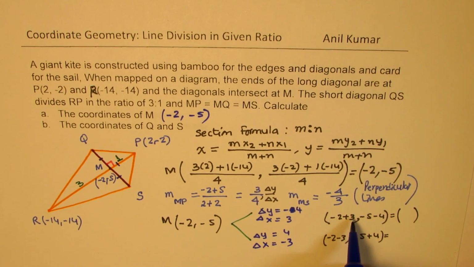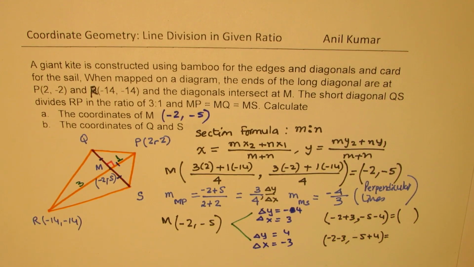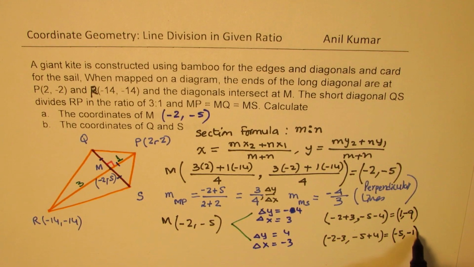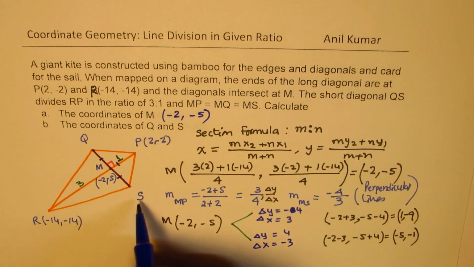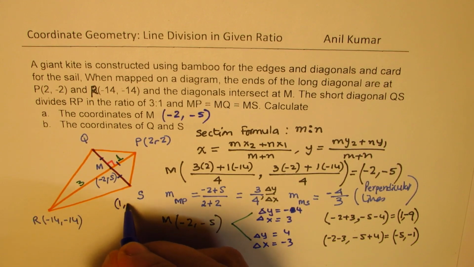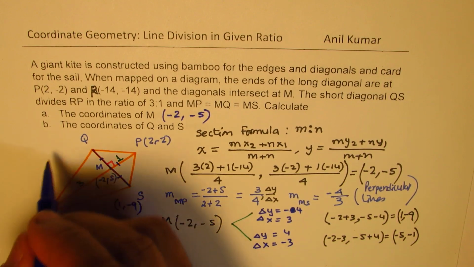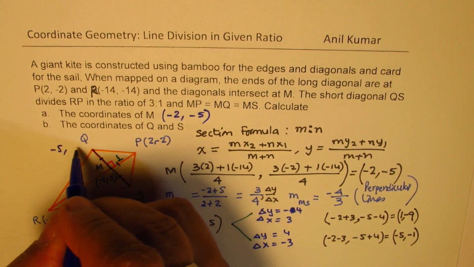So minus 2 plus 3 gives me 1, and that is minus 9. And here we get minus 5, and that is minus 1. Clear? So we get these 2 points. So 1, minus 9, so I can write S as 1, minus 9 and Q as minus 5, minus 1.